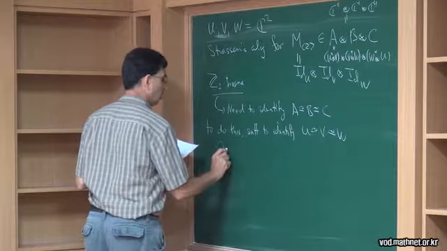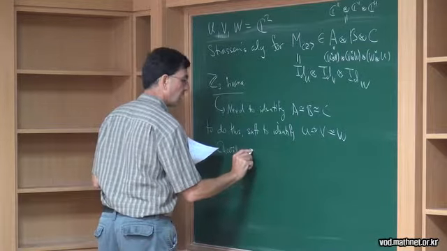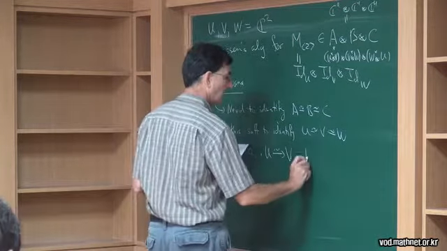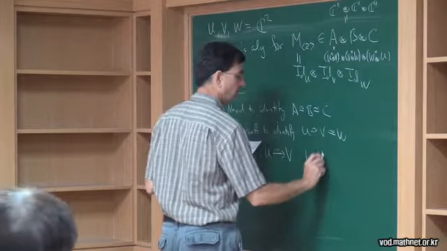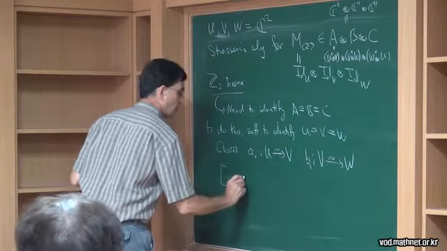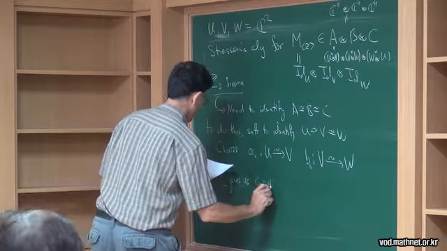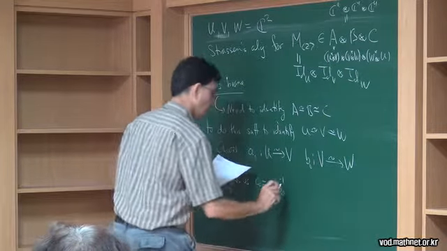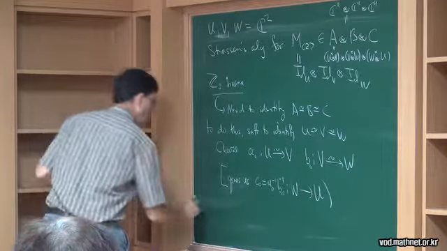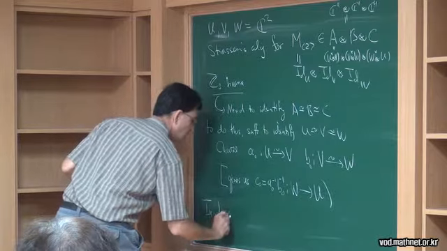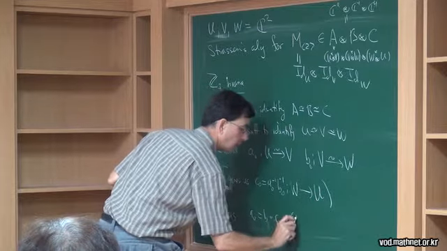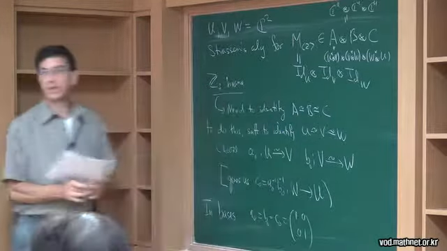So choose some linear isomorphism, let's call it A0, a linear isomorphism from C2 to C2, and then another one, B0, a linear map from V to W, and then this gives us C0, which will be A0 inverse, B0 inverse from W to U. And if we work in bases, we'll just set these to be the identity matrix.